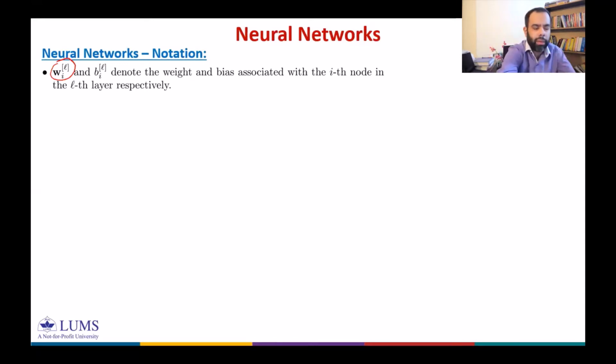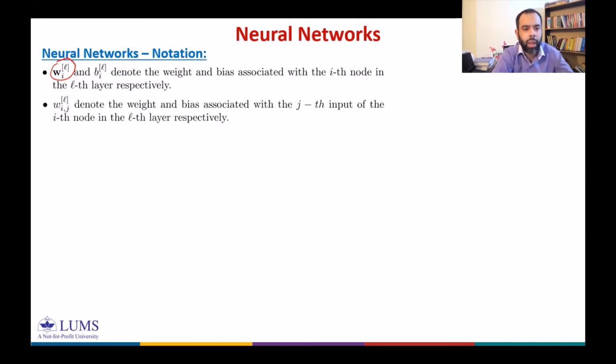If I further zoom into this vector w, the jth entry of this vector w_i^[l] would be w_{i,j}^[l]. This denotes the weight associated with the jth input of the ith node in the lth layer. And this all will make sense.